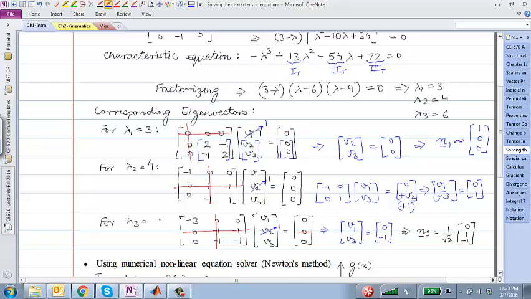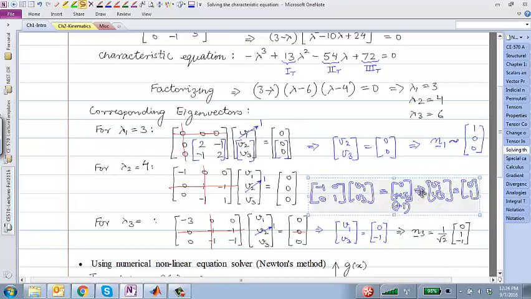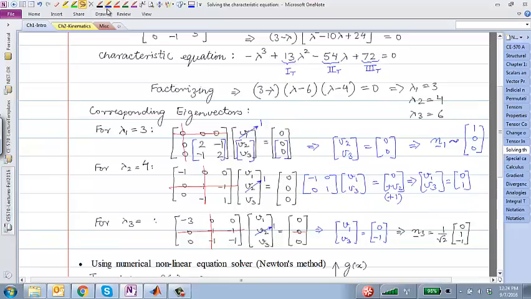And therefore the n2 vector turns out to be represented with first term 0, second term 1, third term 1.